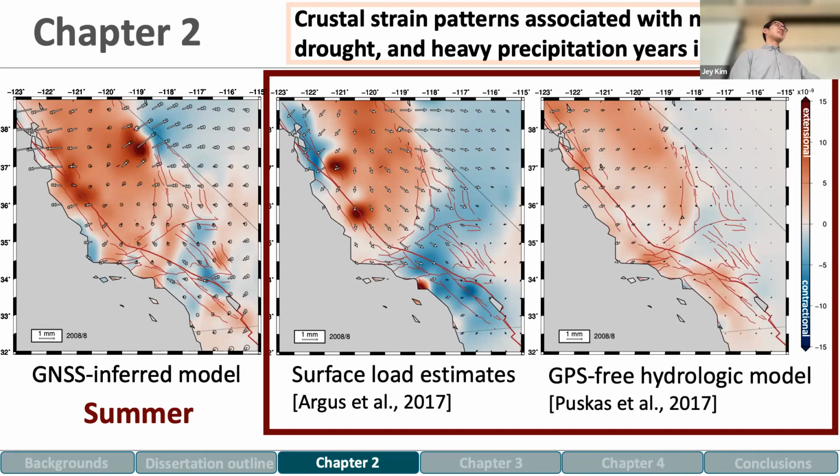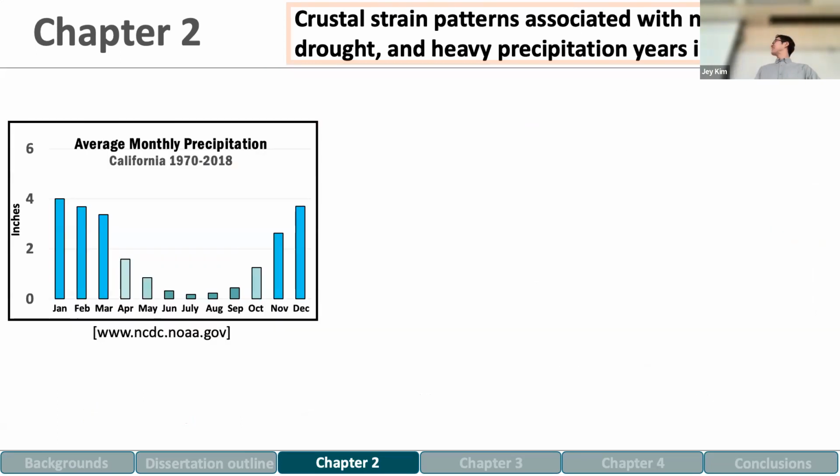Here for the talk, I just like to say they are similar. So we concluded that such seasonal horizontal deformation pattern in California can be explained by the Earth's elastic response to the surface loads because of the precipitation patterns in California.